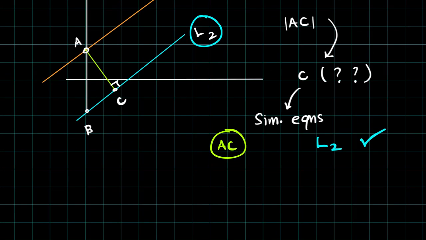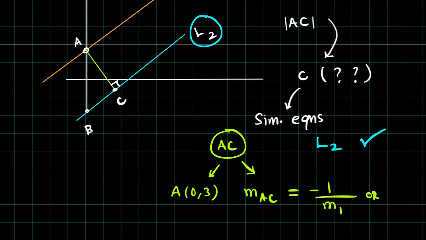So all our effort was focused on finding the equation of AC. The y-intercept was (0, 3) in this case. And the gradient of AC was the negative reciprocal of the gradient of either line 1 or line 2. Why? Because these two gradients were exactly the same.